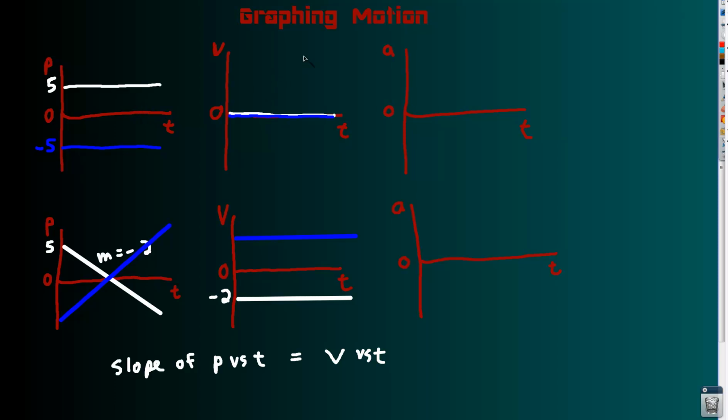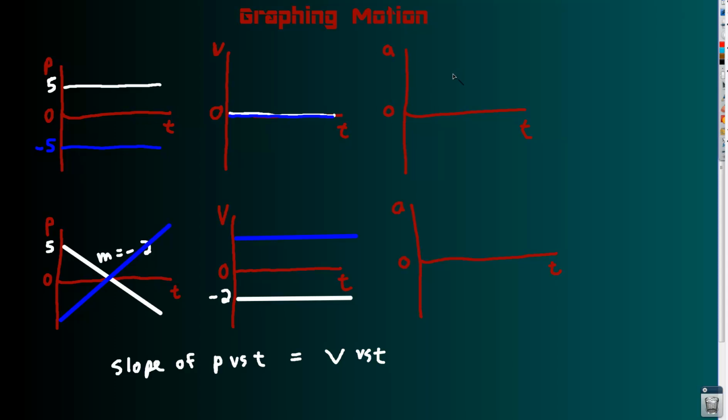So, thinking about how I worded that, you should be able to reason that whatever we do going from a position graph to a velocity graph, we can do the exact same thing going from a velocity graph to an acceleration graph. More specifically, whatever the slope is of the velocity graph, that's going to give you your value for your acceleration graph.